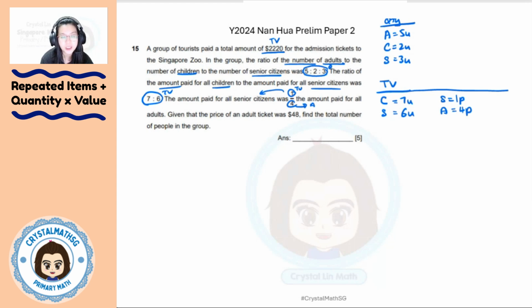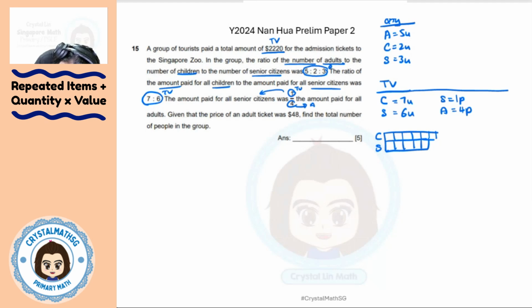So since it's talking about the same total value, as I said before, we will use parts instead. Okay, so it's just the same. And for those who are still at P4, you will be drawing in terms of as many as 3, 4, 7, 5, 6, 7. And this one is 6.